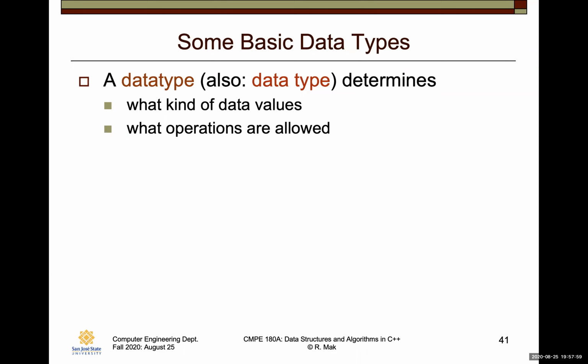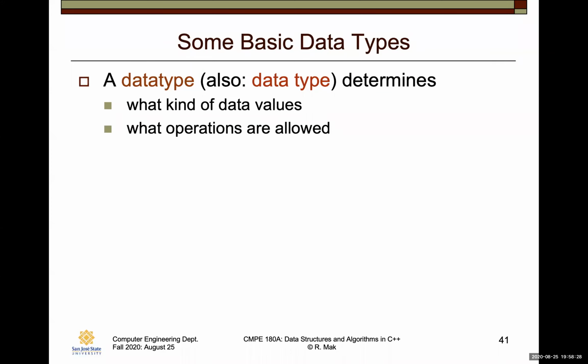So a data type not only determines for a variable what values it can have when you run the program, it also says what operations you can perform on those values. Now, if I declare a variable s to be a string, and I assign the string hello world to it, then obviously you can't use the division operator or the multiplication operator on a string.